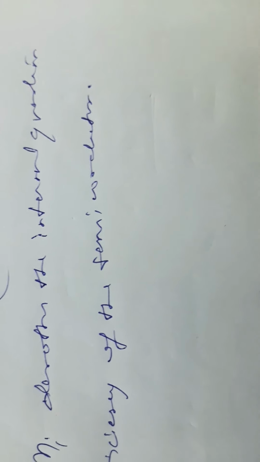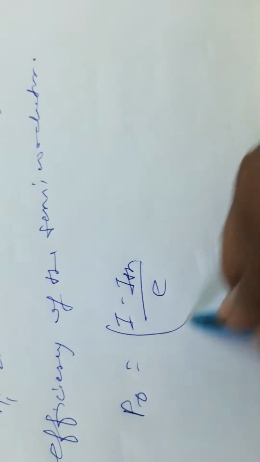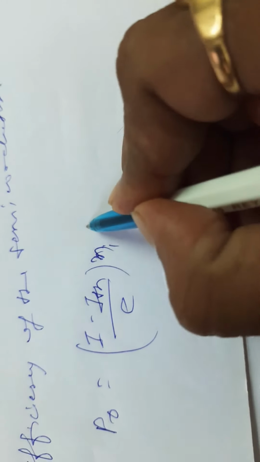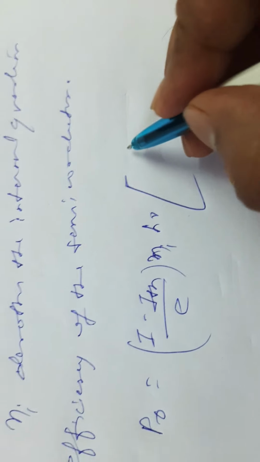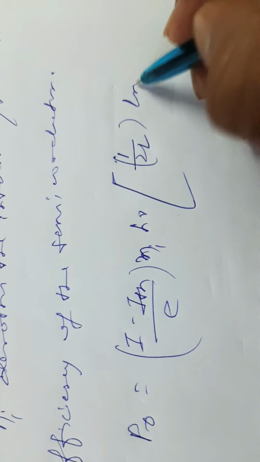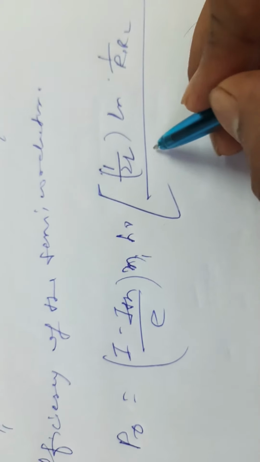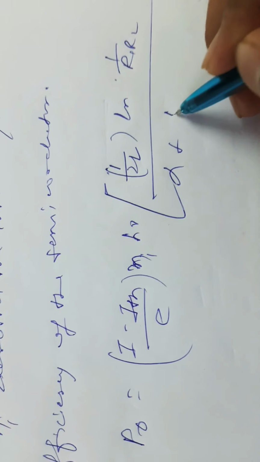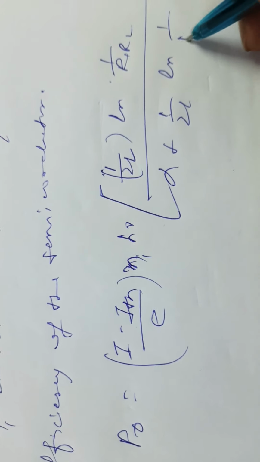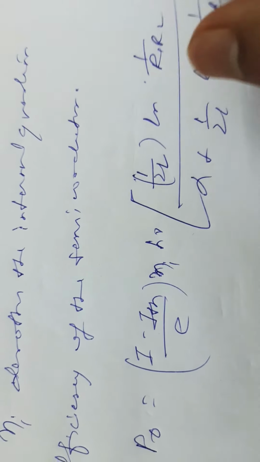So the output power of the laser can be written as P_o, that is I minus I_th by e, eta_i h nu, and then 1 by 2L into ln 1 by R1 R2, this whole thing divided by alpha plus 1 by 2L ln 1 by R1 R2.